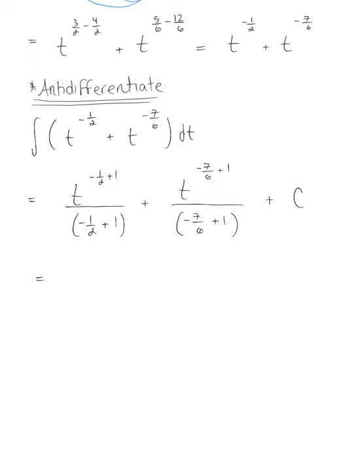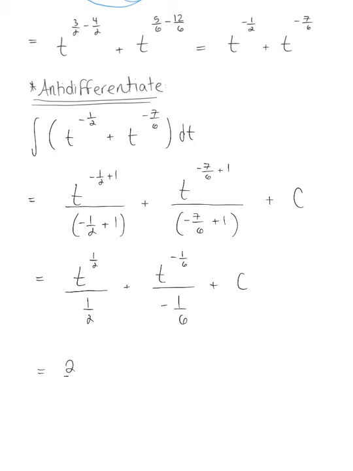And so we can simplify this. This is t to the +1/2, all divided by 1/2, plus t to the -1/6, all divided by -1/6, plus that arbitrary constant c. And we can simplify here. We know that fractions in the denominator will flip, or we multiply by their reciprocal.